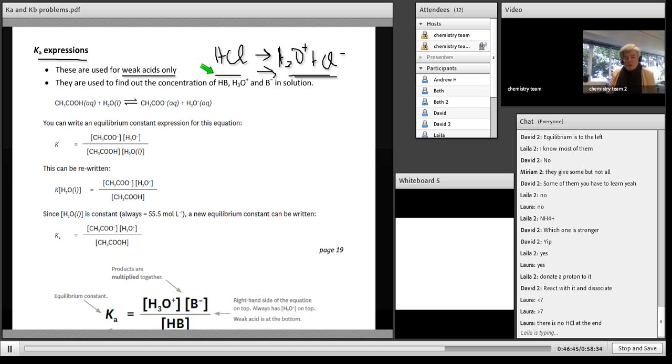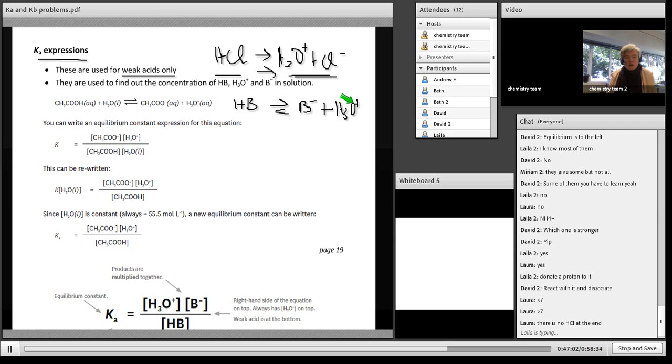molecule. So if I, for instance, had any weak acid, HB, it will be in equilibrium. I'm going to still have HB present, and I'll have B minus present, and I'll have H3O plus present.